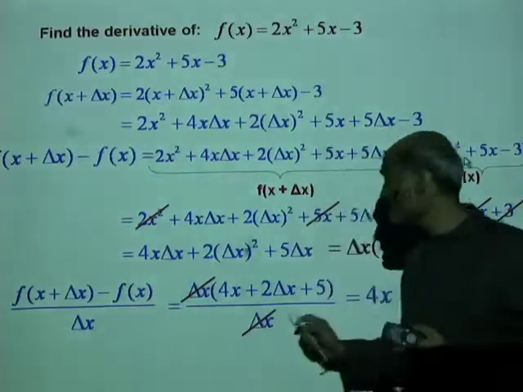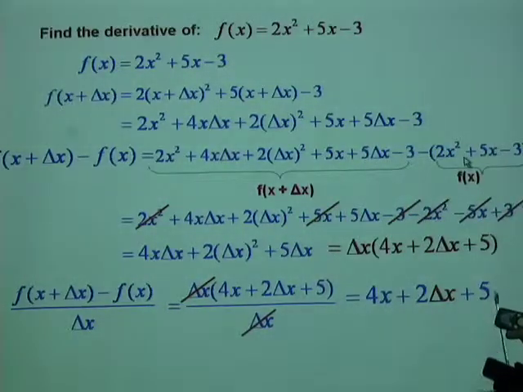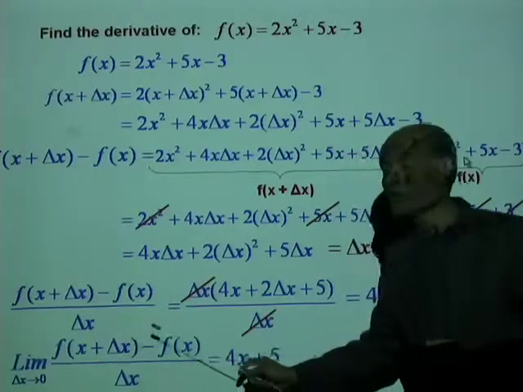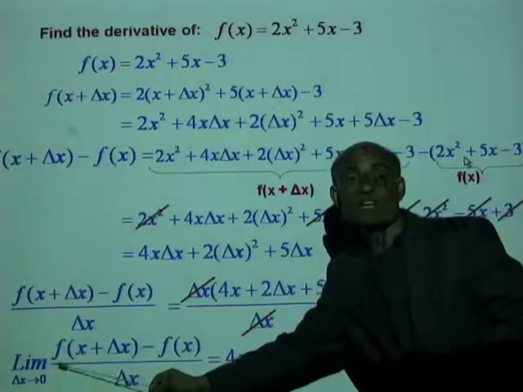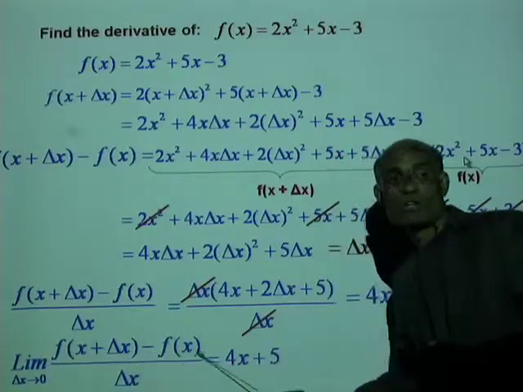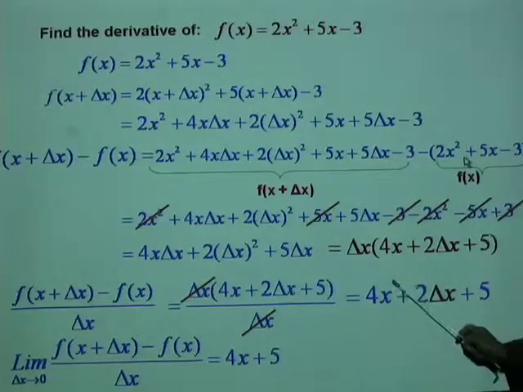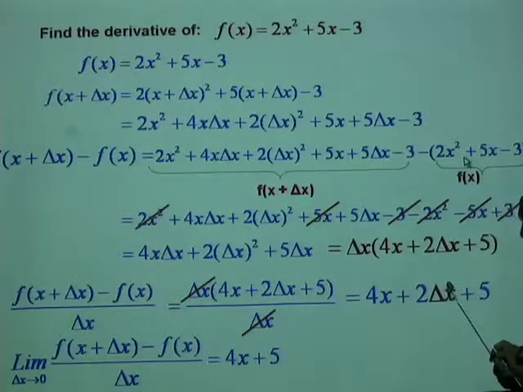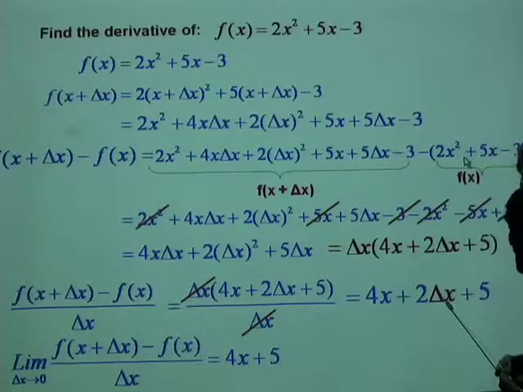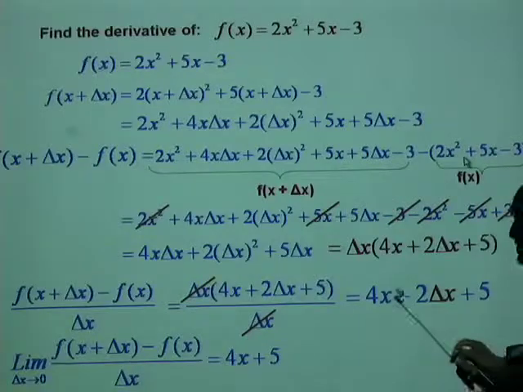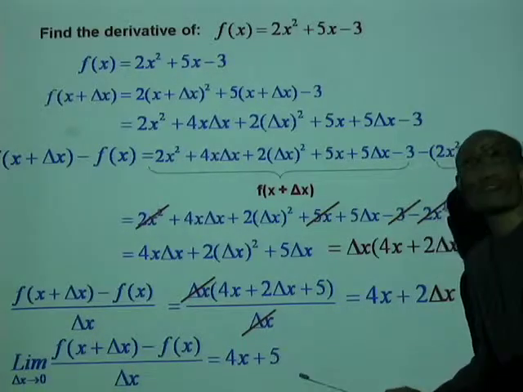In other words, we take the limiting value of this quantity when delta x approaches 0. So limit delta x approaches 0, delta y by delta x. You can see the limiting value of this when delta x approaches 0 is obtained by replacing delta x by 0. So this term goes. So the limiting value of this is 4x plus 5.